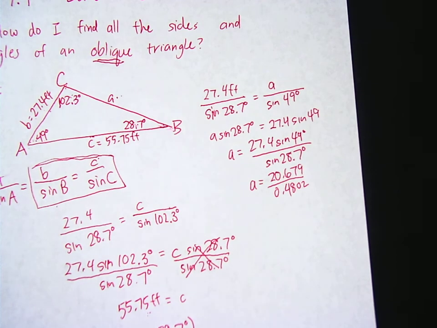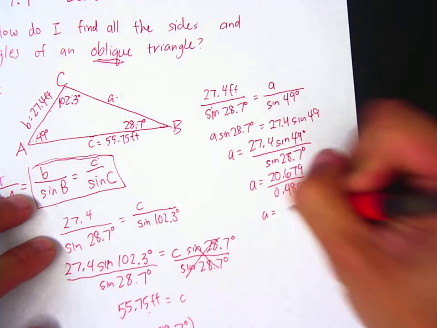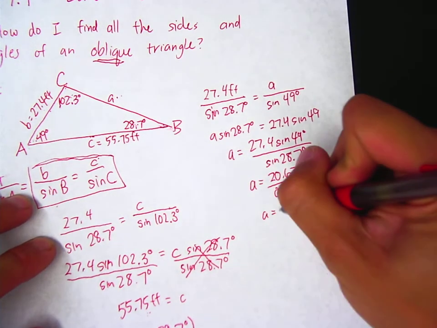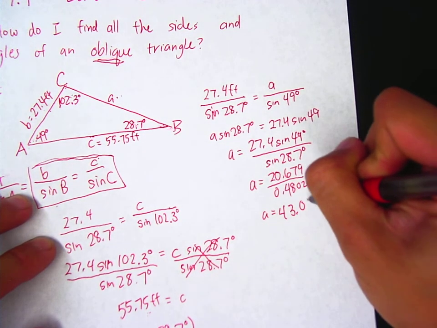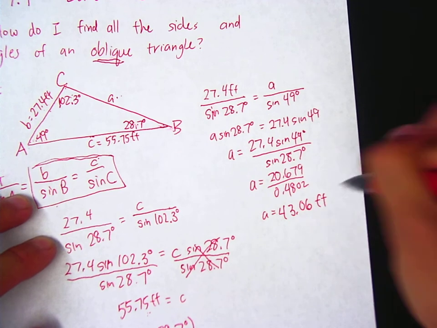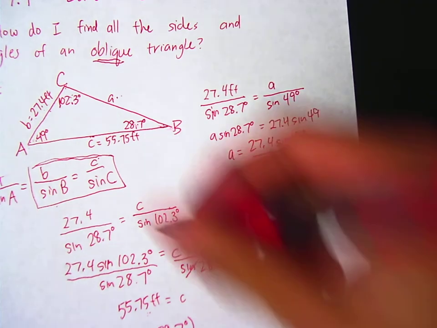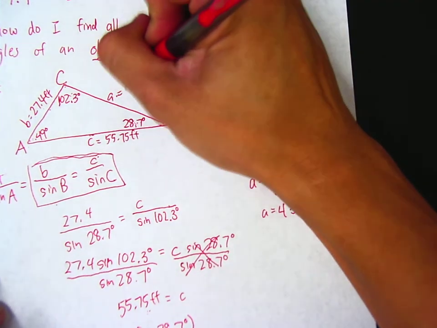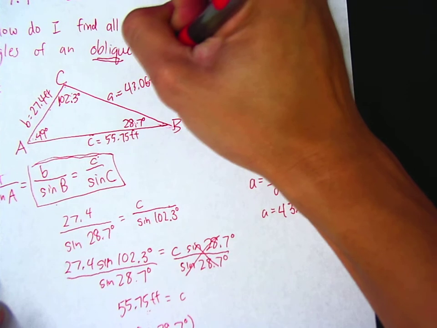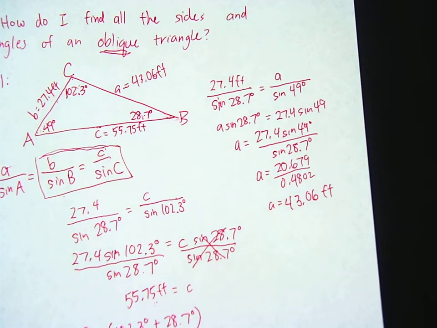So it would be 20.679 divided by 0.4802. So A is roughly 43.06 feet. Okay, so side A would be 43.06 feet.